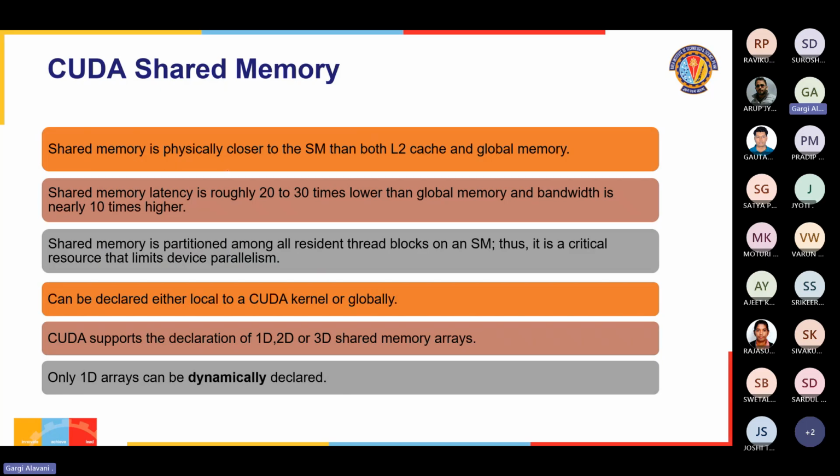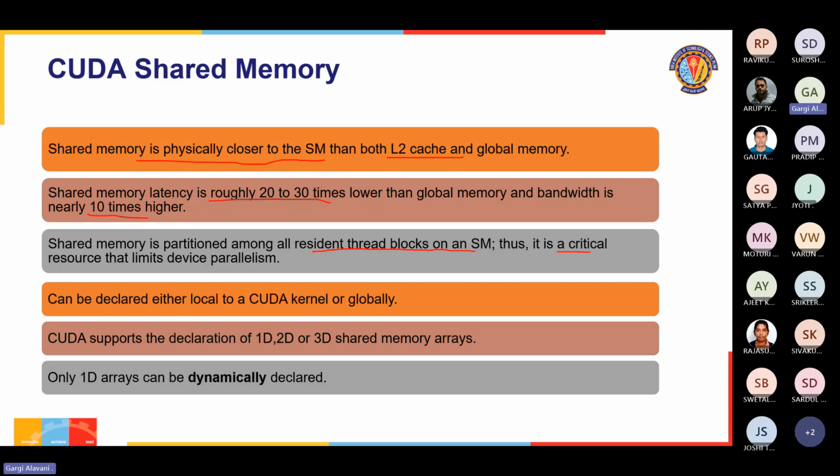Shared memory, as we know, is much closer to the SM than L2 and global memory. Its latency is roughly 20 to 30 times lower than global memory, at least 10 times lower, and bandwidth is nearly 10 times higher. It is available to all resident thread blocks on an SM.